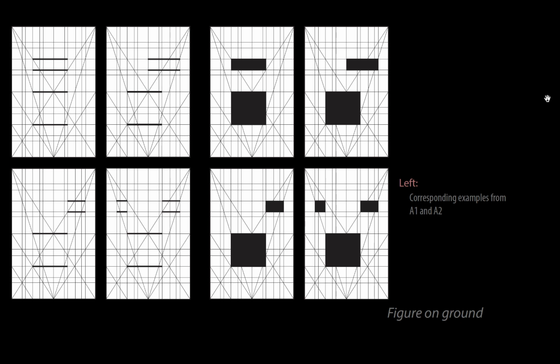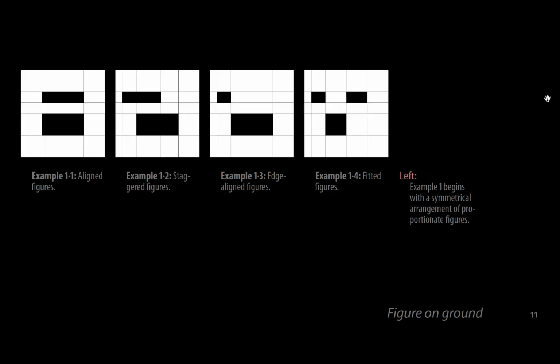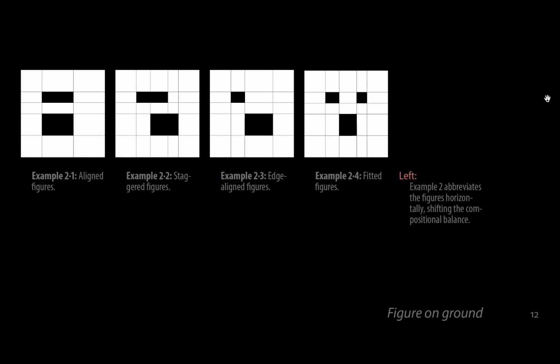It doesn't really matter where you start, but the results are going to be quite different depending on where you start. So this is one example of where you may begin. This project begins with a symmetrical arrangement of proportionate figures. You can see here that it creates a very balanced end result.